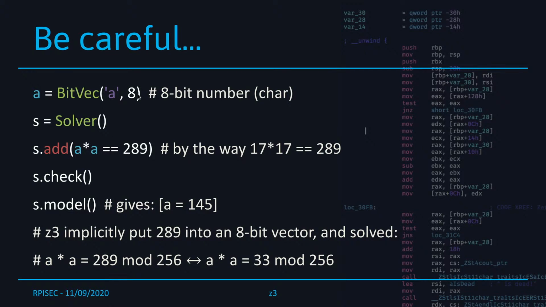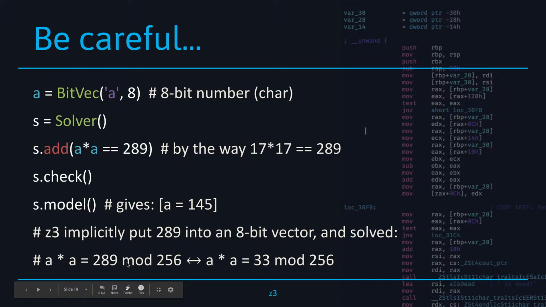Now, 2 to the 8th, so if we have 1 byte, the biggest value that we can store there is actually going to be 256. So we're going to run into an issue here where 289 is greater than 256, and so we're going to wrap around.